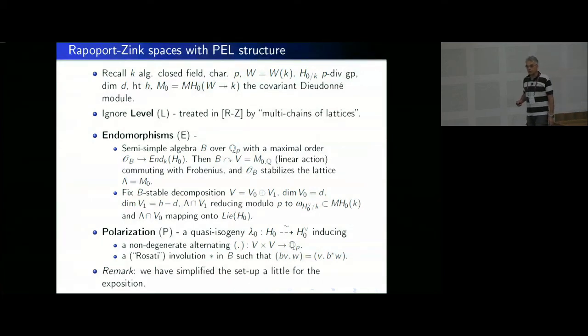So what Rapoport and Zink do in this situation, they also fix some, they call this model Dieudonné module V, and they fix a decomposition of it. In this case, Lubin-Tate case, it would be into subspaces of dimension D and H minus D, so that V0 maps isomorphically, on intersection with lambda with this lattice, onto the Lie algebra of H0, and V1 reduces modulo P to omega H0.